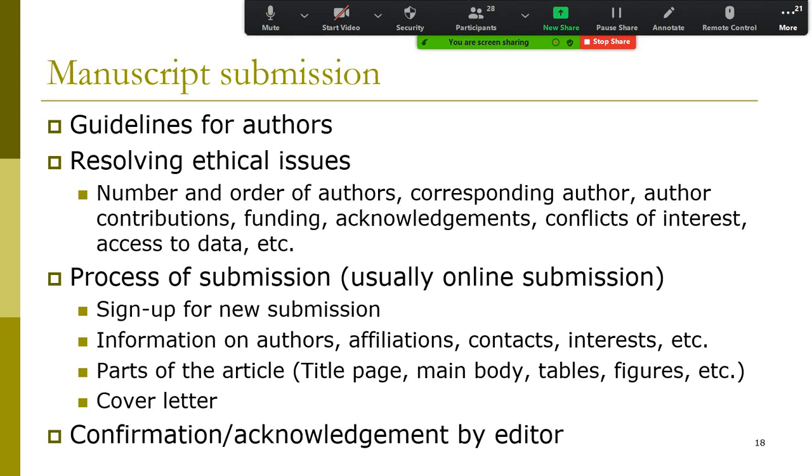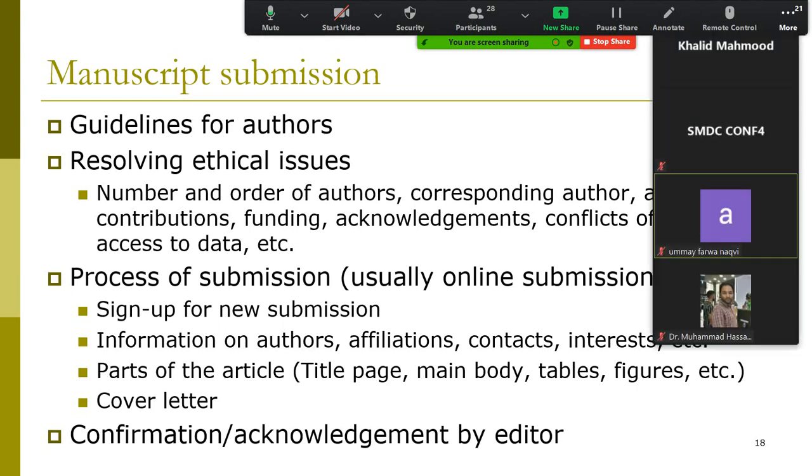In the main article file, you should not include the author's name and affiliations, because the article will go for the review process. That's why they don't want your name to appear in the article file.